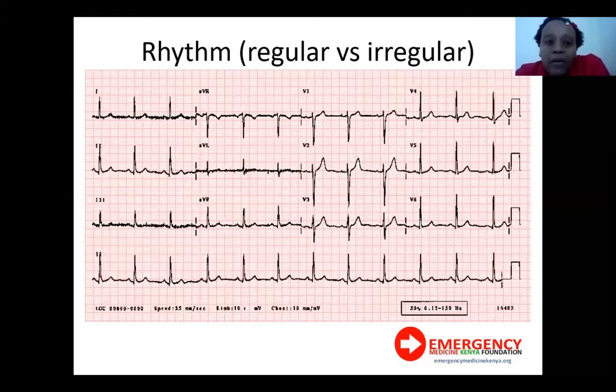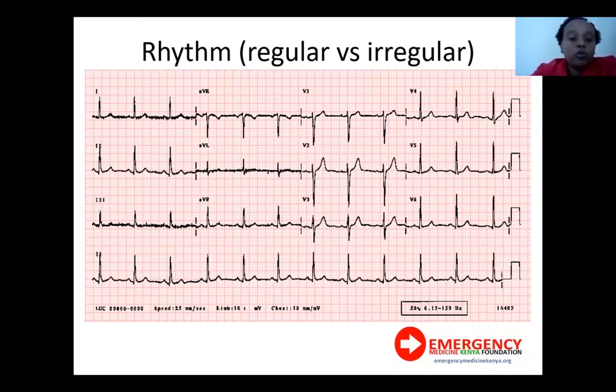Now we look at our next rhythm. We want to ask ourselves, is this regular versus irregular? Remember, we said when it is regular, we look at our boxes. An easy way is to use lead 2. You count the boxes between the first R and the next R, and then you move across the whole of the lead 2 strip. You look at the first one, it is 1, 2, 3, 4.